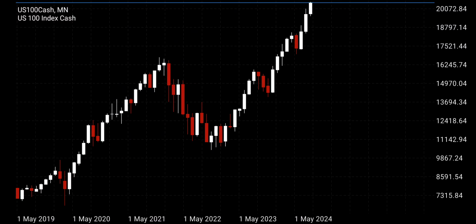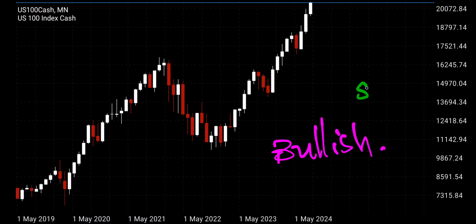So basically, the monthly is definitely bullish, right? And if you were to put a trend line that goes with that bullish trend, we will have to find the points that we can use to mark our trend line. Those that have taken my mentorship before know that when you're trying to draw the trend line, we need to find the swings.